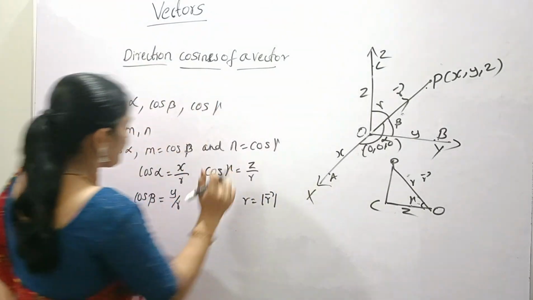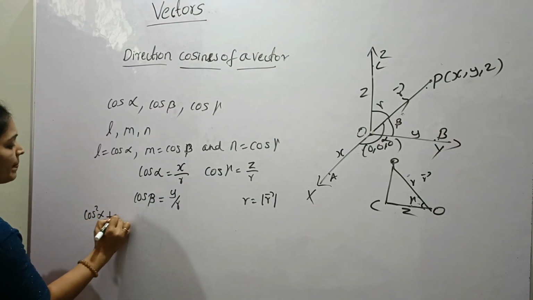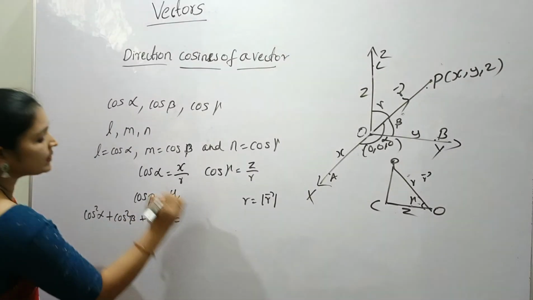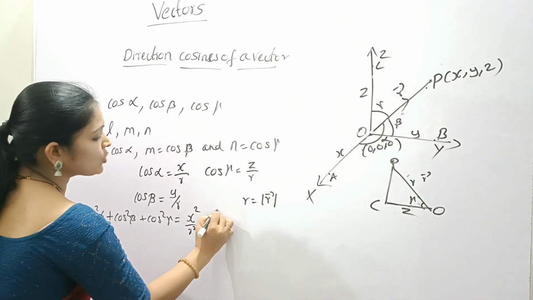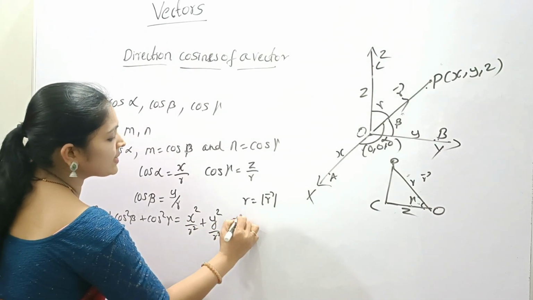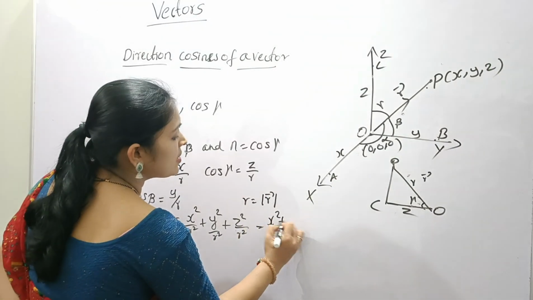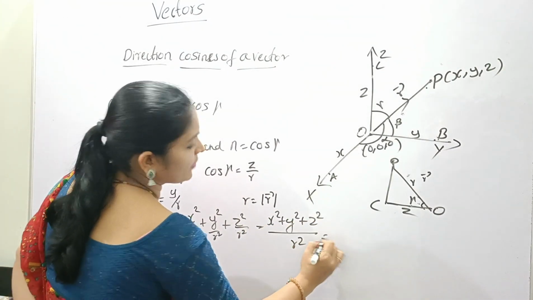Now we can write cos square alpha plus cos square beta plus cos square gamma is equal to x square by r square plus y square by r square plus z square by r square, that is equal to x square plus y square plus z square divided by r square.